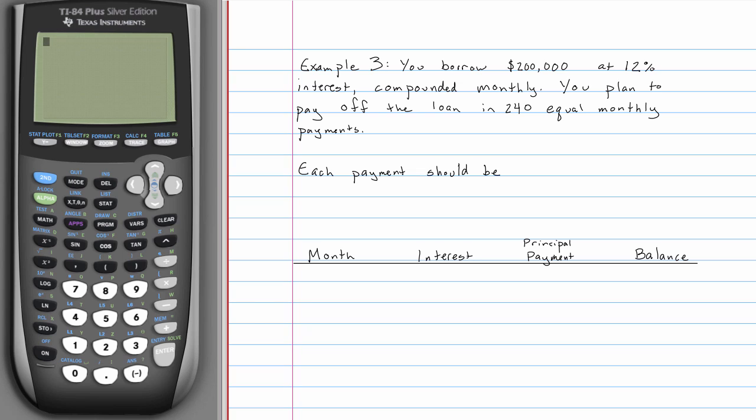Now here we have an example that is more like what we see in the homework. In this example, we're borrowing a large amount of money, $200,000 instead of 200. And we're paying it off over 240 monthly payments.